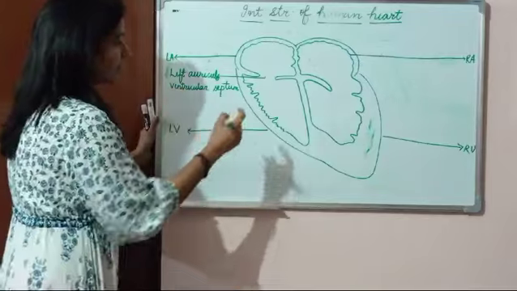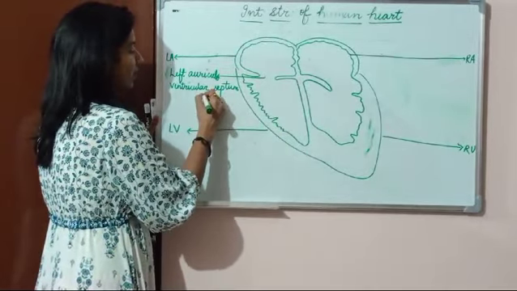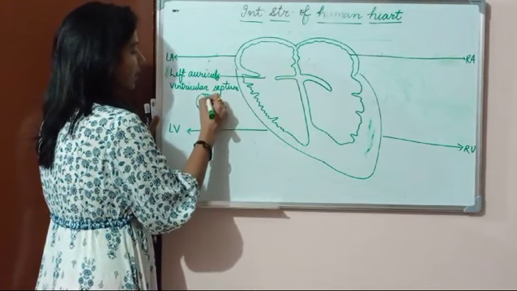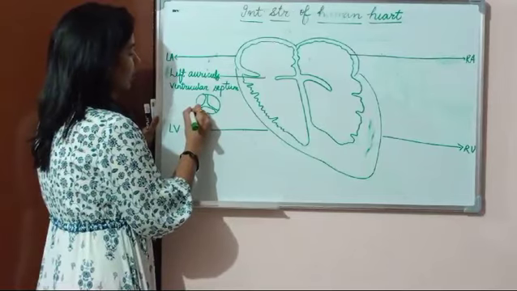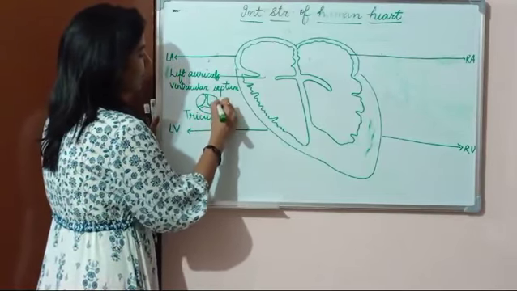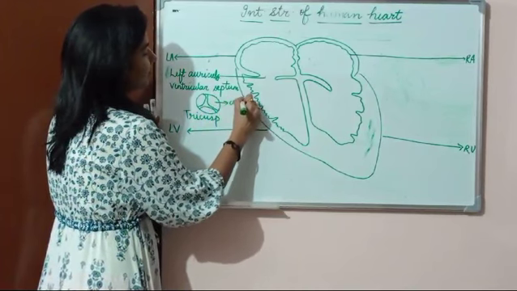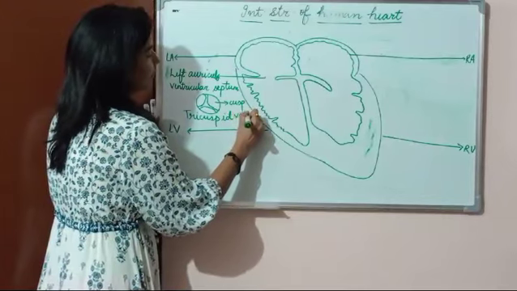And if you closely look at this structure, you are going to see three flap-like structures. One is like here, one is there, and one is there. That's why it is also known as the tricuspid valve. There are three cusps. This is called a cusp. So it is known as the tricuspid valve.